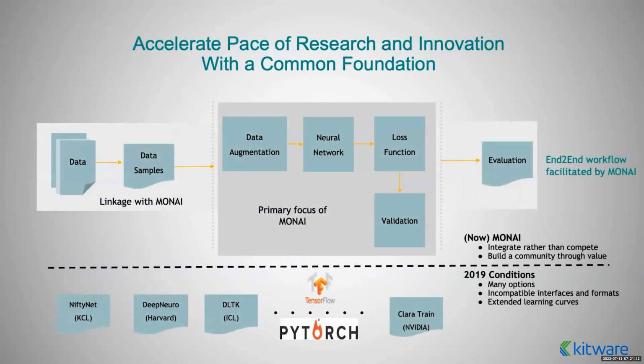So that first cartoon where you had 14 standards and then went to 15 standards, MONAI and George Cardoso and Prerna Dogra, George from KCL, Prerna from NVIDIA, they did a great job of realizing they didn't want that to happen. They didn't want to become the 15th standard out there.